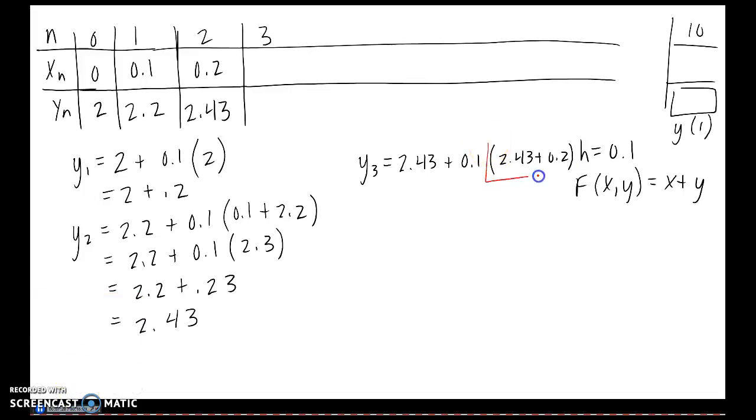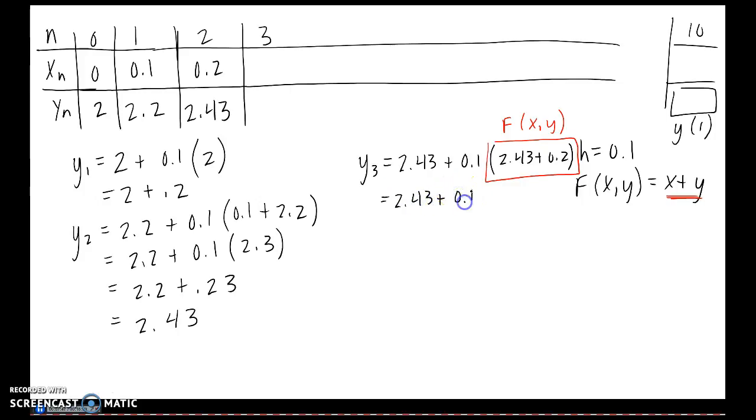And it won't always be this easy. It all depends on what your differential equation is. Our differential equation here is just add the x and the y values. Sometimes you multiply. Maybe we would have to divide by another value. But this one, the derivative is simple enough to manipulate.